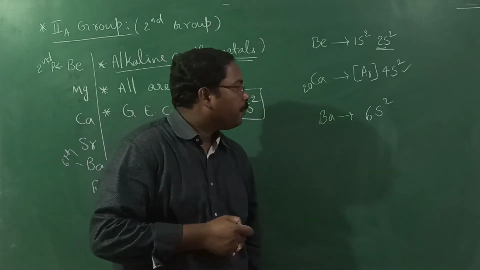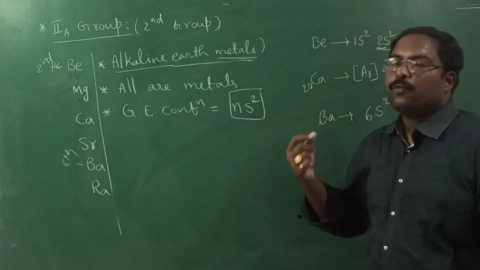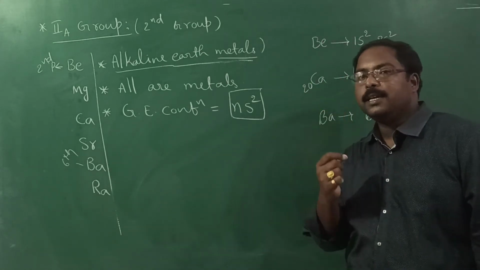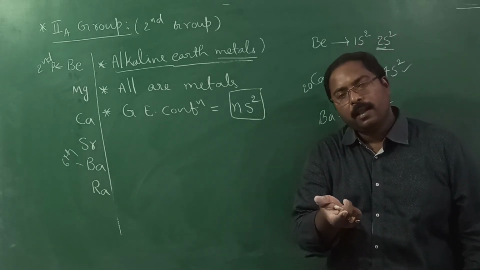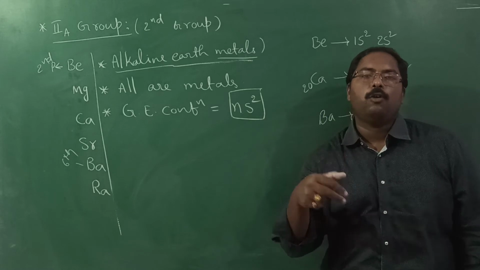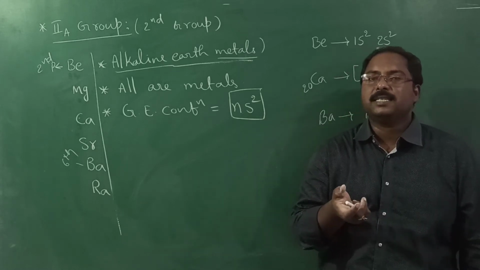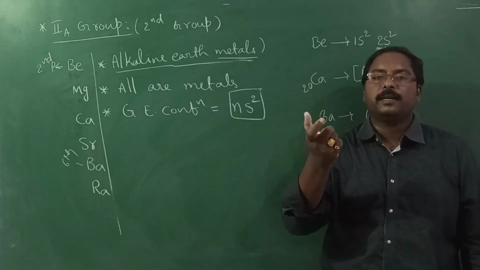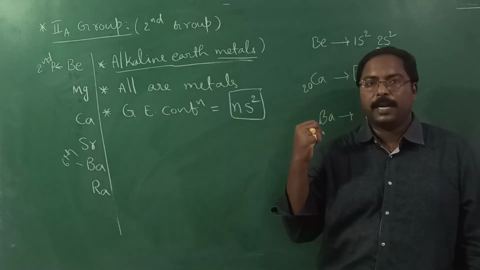At last I will give you simple tricks to find the location of an element in the periodic table. If I give the atomic number, I will tell you one simple trick to find the location of the particular element, meaning to which group and which period it belongs.